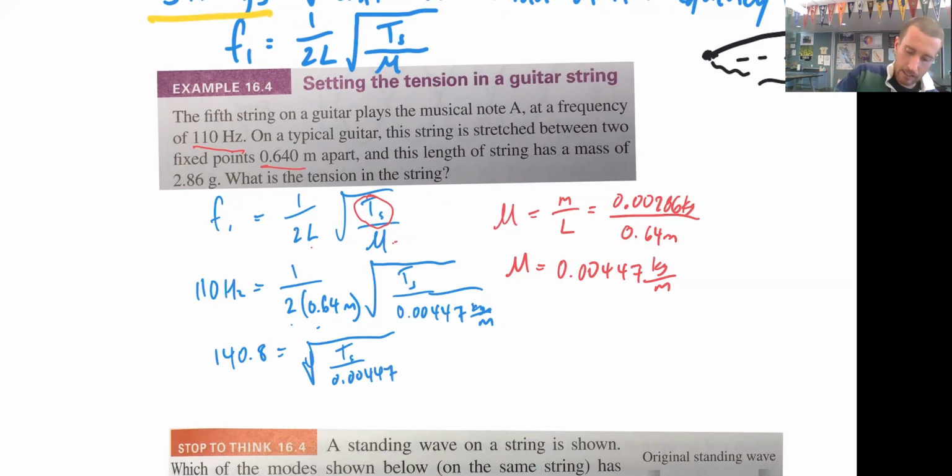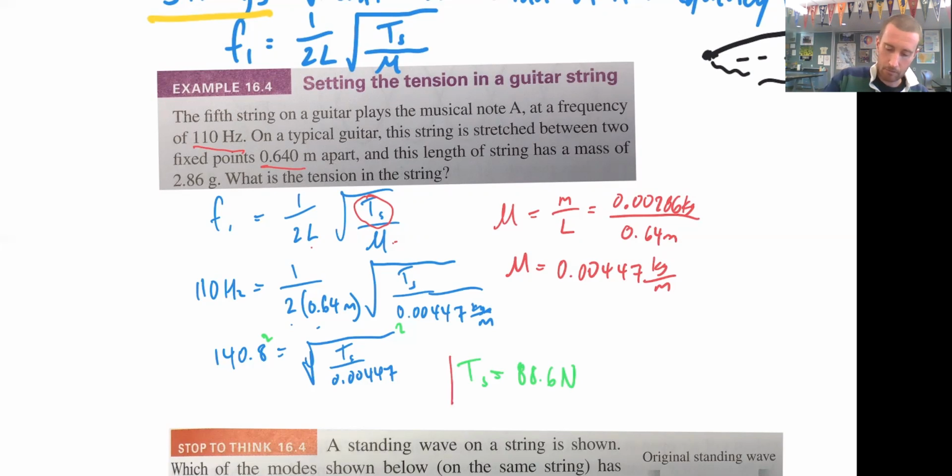Square both sides, then multiply by 0.00447, giving me 88.6 newtons. So T equals 88.6 newtons of tension on that guitar string.